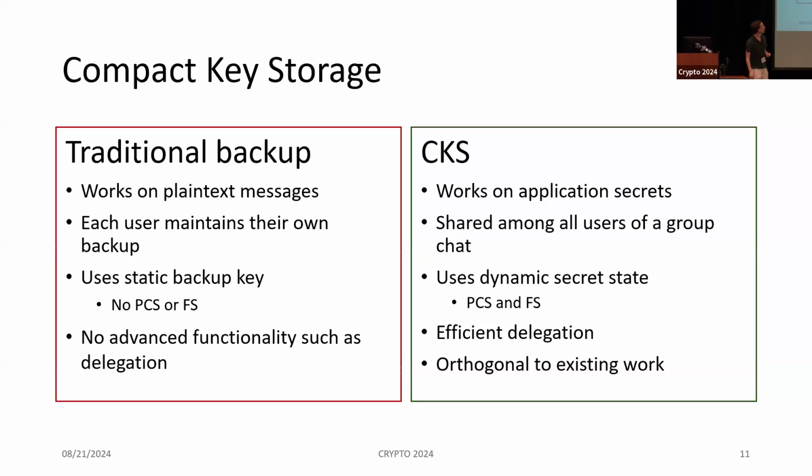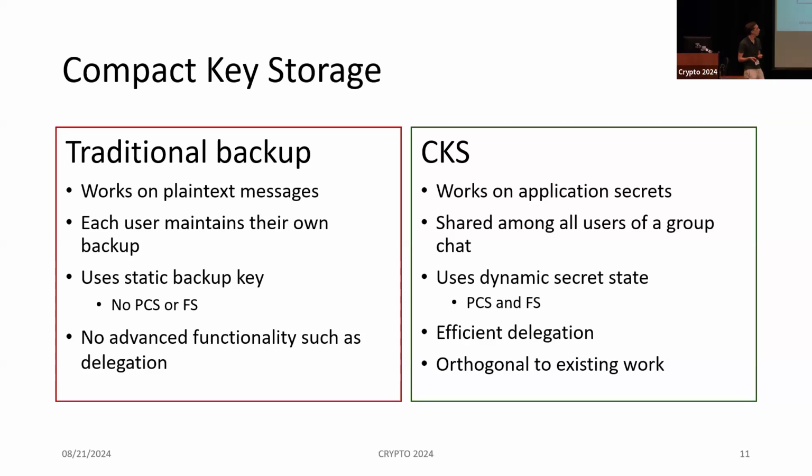Okay, with that out of the way, let's recap this first part. CKS, in contrast to a traditional solution, works on application secrets. The entire backup is shared among all the users instead of having the state grow linearly in the number of users. It uses a dynamic secret state and allows nice post-compromise security and forward secrecy.